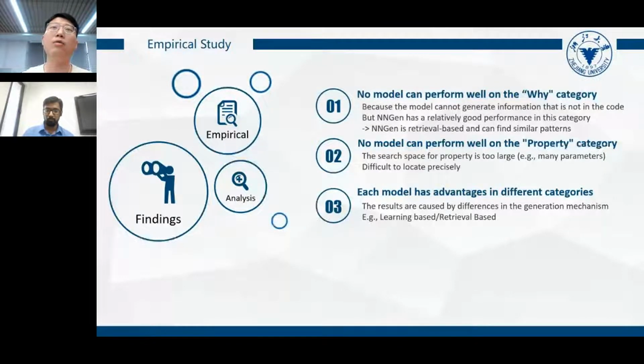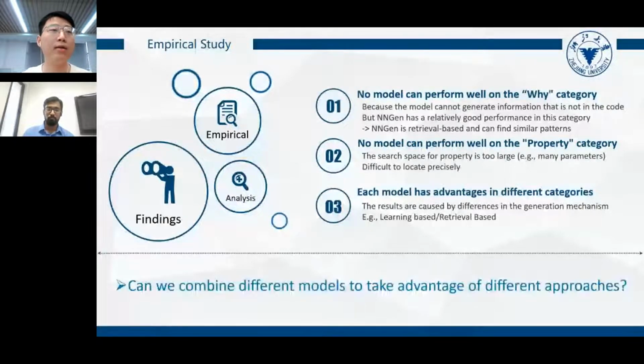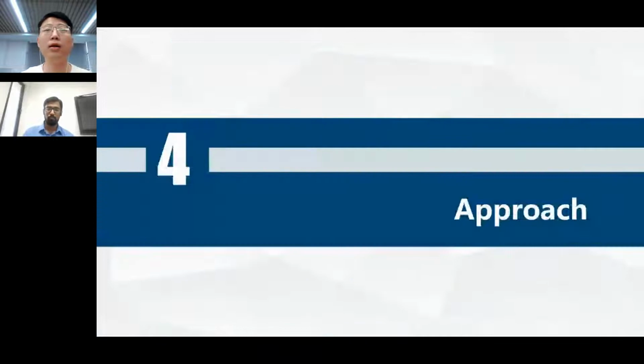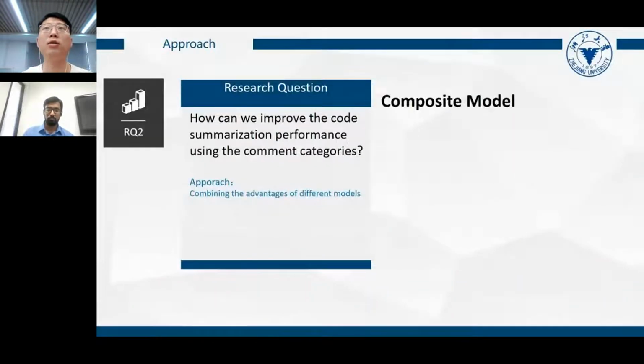The second finding is that no model can perform well on the property category, and each model has advantages in different categories. So we have a question: can we combine different models to take advantage of different approaches? So we propose our approach, a composite model.